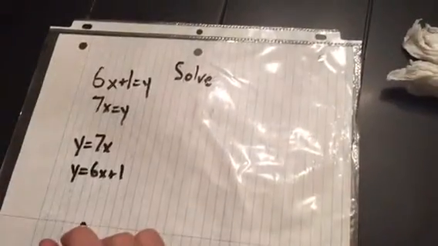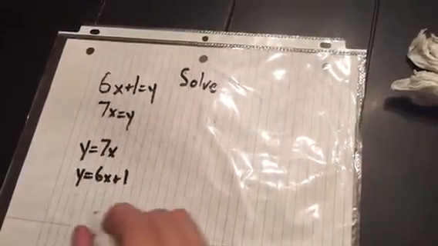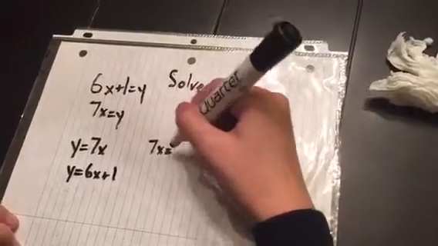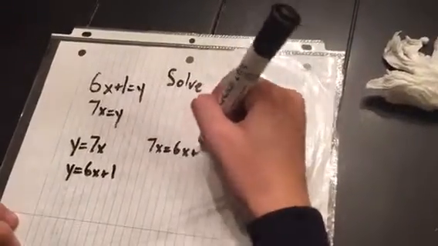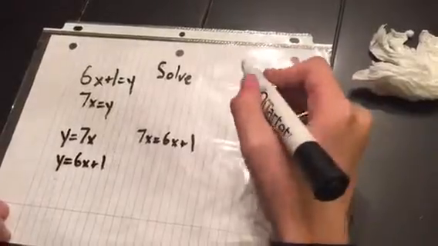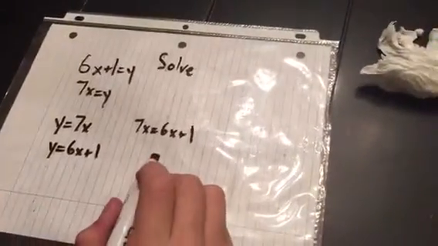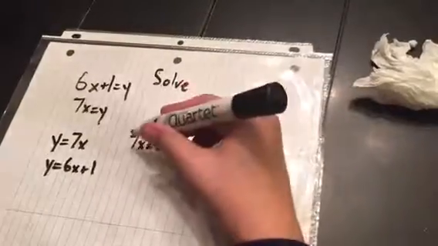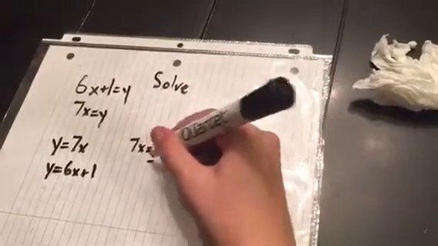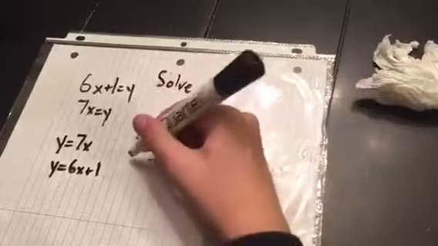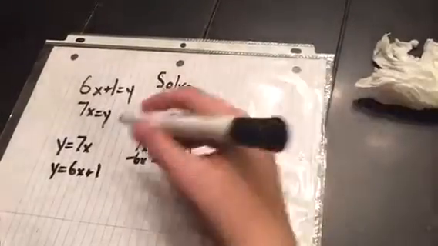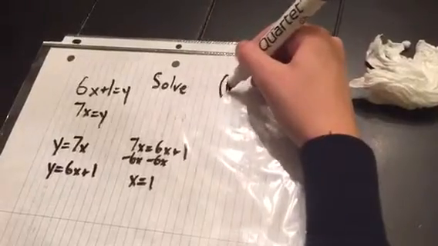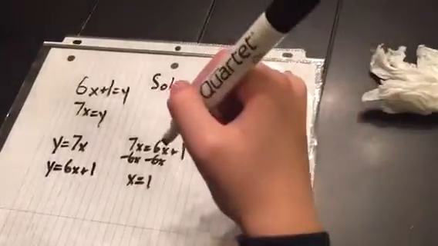So we plug one in for the other, and we have 7x equals 6x plus 1. Alright, so this is easy. What we do now is we again have x on both sides, and we subtract 6x, so we can get rid of that one. Now we have x equals 1. So again for x we have 1.